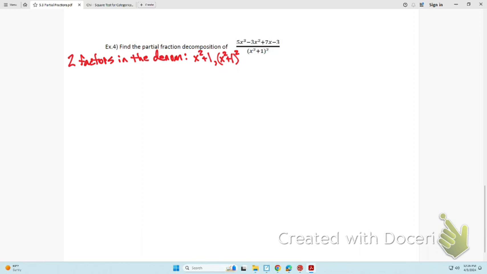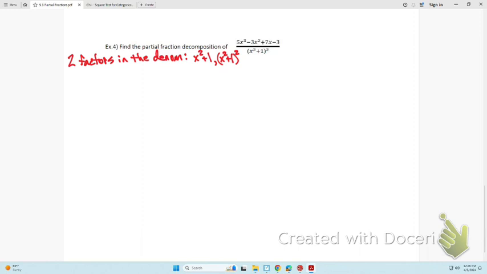So kind of similar to number 2. Think, if I had one of the factors, what would I need to multiply by to get the rest of the denominator? Or, to get this factor, if I just had a 1 in the denominator, what would I need to multiply by to get that entire denominator? So that's the idea with those 2 factors right there.